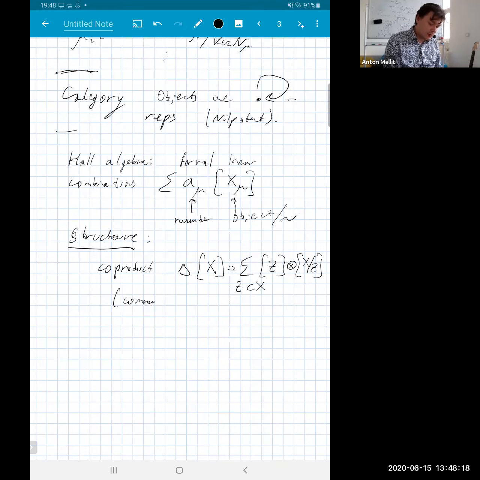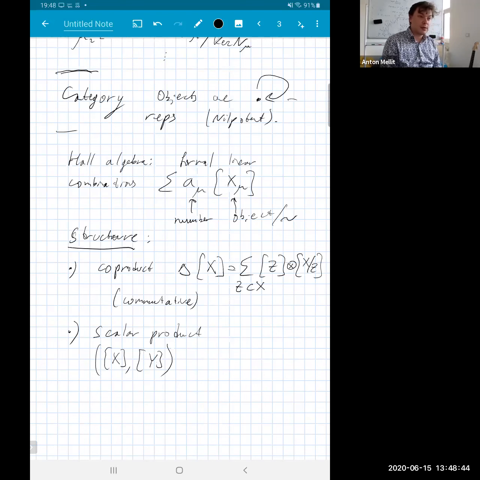So it's commutative in this case. So we don't have to worry about which comes first and which comes next. Then you have a scalar product, a pairing, and this is defined by, if I have two things, then the scalar product is just the number of isomorphisms between X and Y.